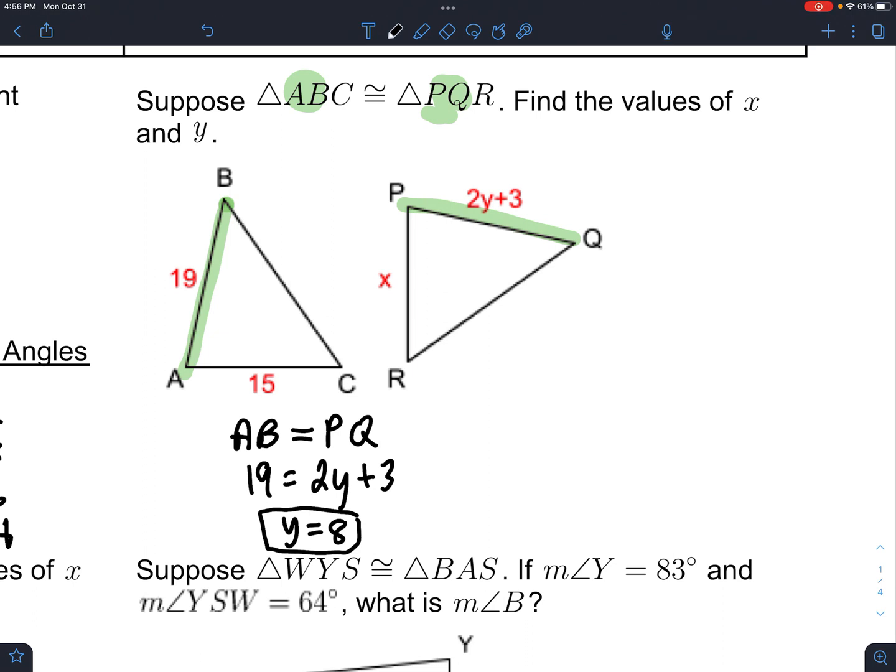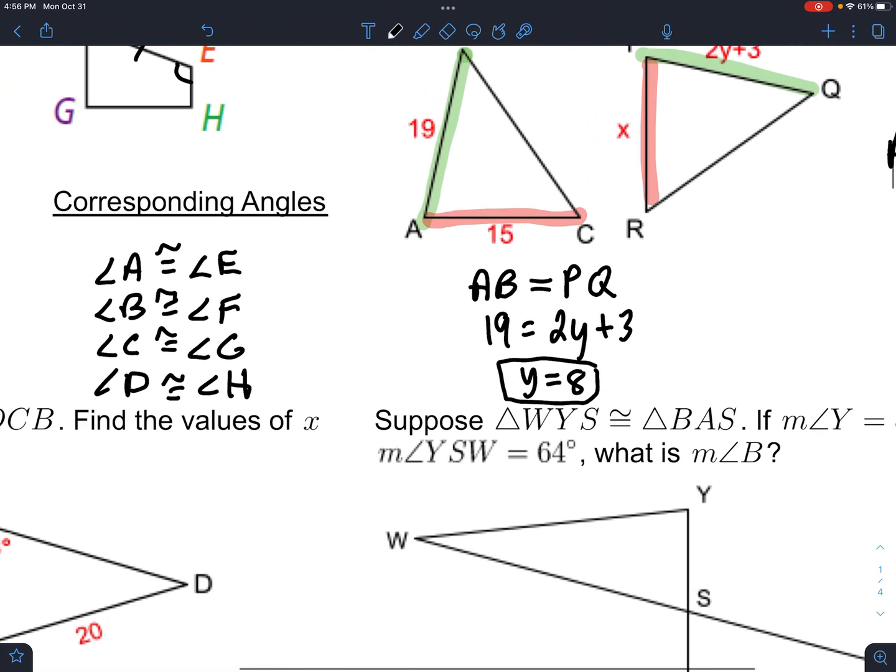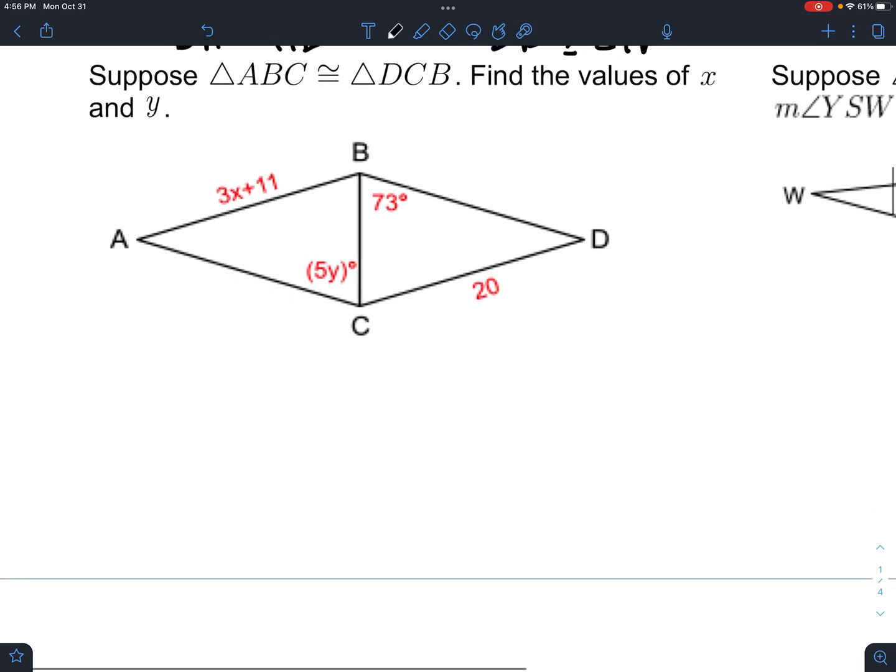And after a little bit of work, you'll find that y is 8. And you could do that for AC. AC is the first and the third. So I know that the first and the third go with AC. So AC is PR, and you can see that here. So it looks like AC is equal to X.